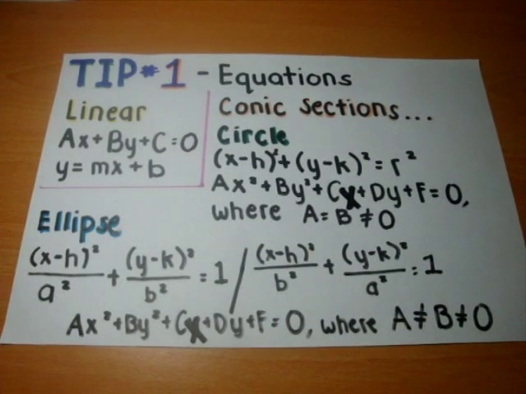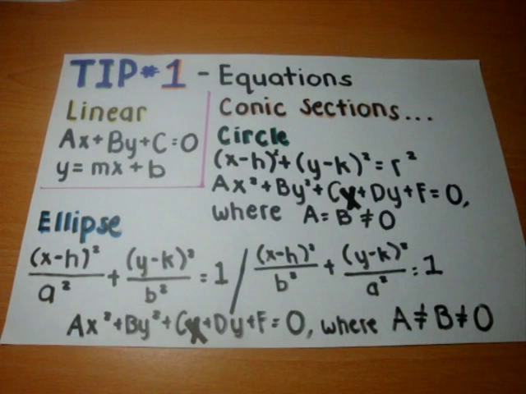The ellipse has a standard equation of (x - h)²/a² + (y - k)²/b² = 1, or (x - h)²/b² + (y - k)²/a² = 1, and a general form of ax² + by² + cx + dy + f = 0, where a is not equal to b and they are both not equal to 0.